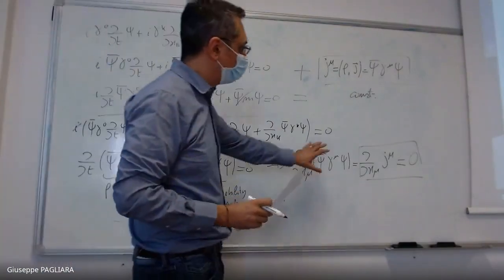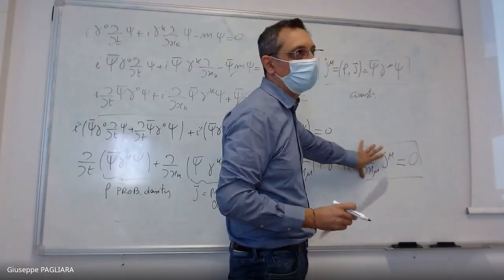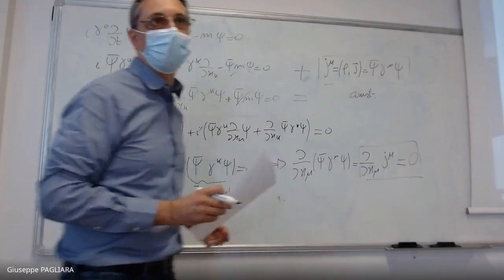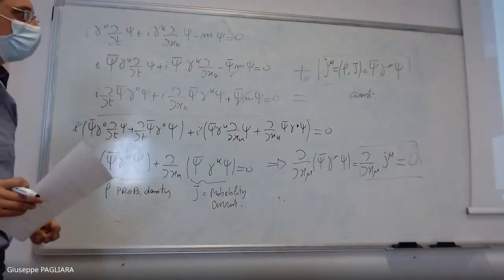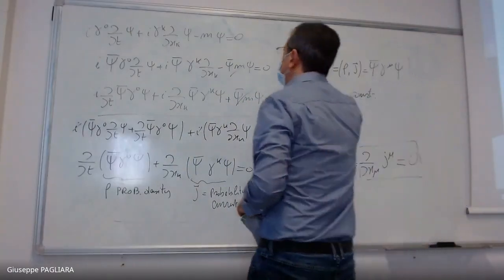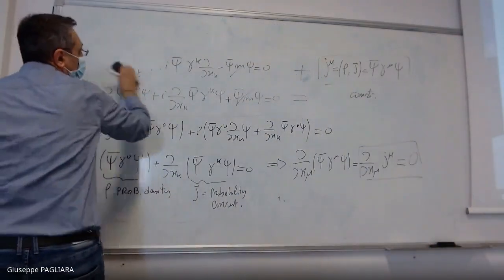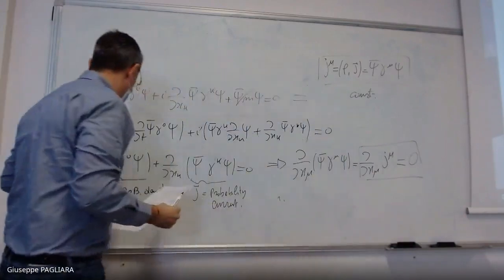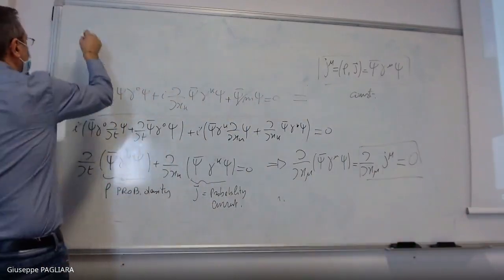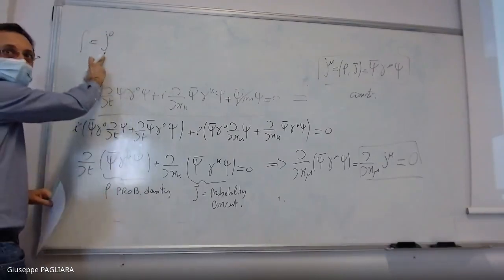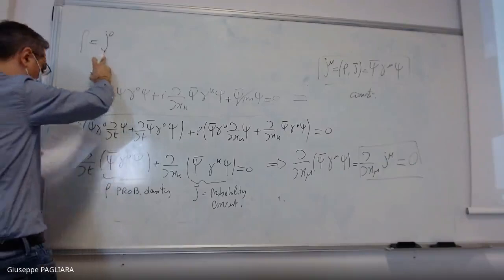So clearly, this expression here is nothing less than the Lorentz invariant version of the continuity equation that you know from non-relativistic quantum mechanics. There is another important point that I want to make here, and it is about the probability density. So the probability density is this guy here. So rho is the 0 component of our 4-current, J^0.